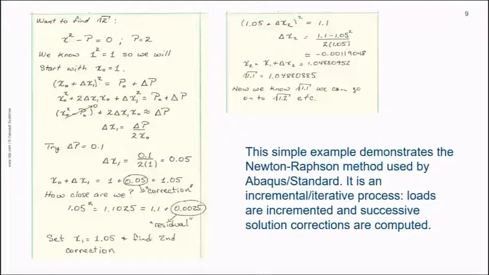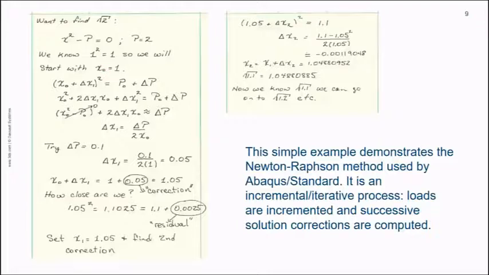So whether it's just a trivial solution, or in this case, the known solution is x equals 1 when p equals 1. So we have a known load, if you will, 1, and a known solution 1, and that solves our equation. In this case, it solves it exactly, but that won't always be the case unless you're talking about 0 equals 0, say. So we will start with the known solution, x0 equals 1. You can see that here.